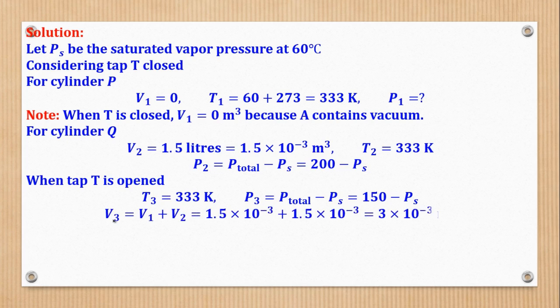And V3 is the total volume. So V1 plus V2. Now here, initially, V1 was 0 because it was vacuum. But when they opened the tap, the vapor which was in the air and the vapor which was in Q occupies P. So the total volume becomes 1.5 liters plus 1.5 liters, convert to meters to give you 3 exponent negative 3 meters cubed.